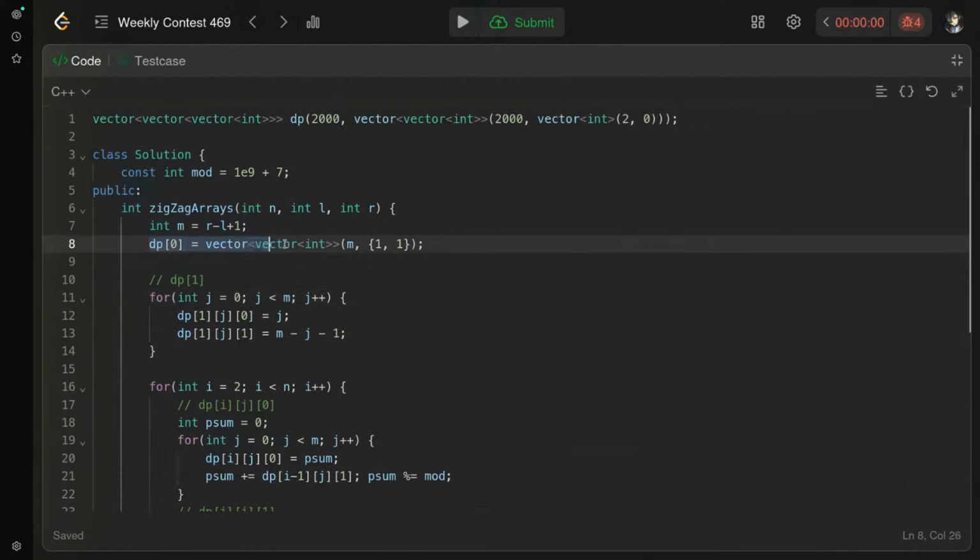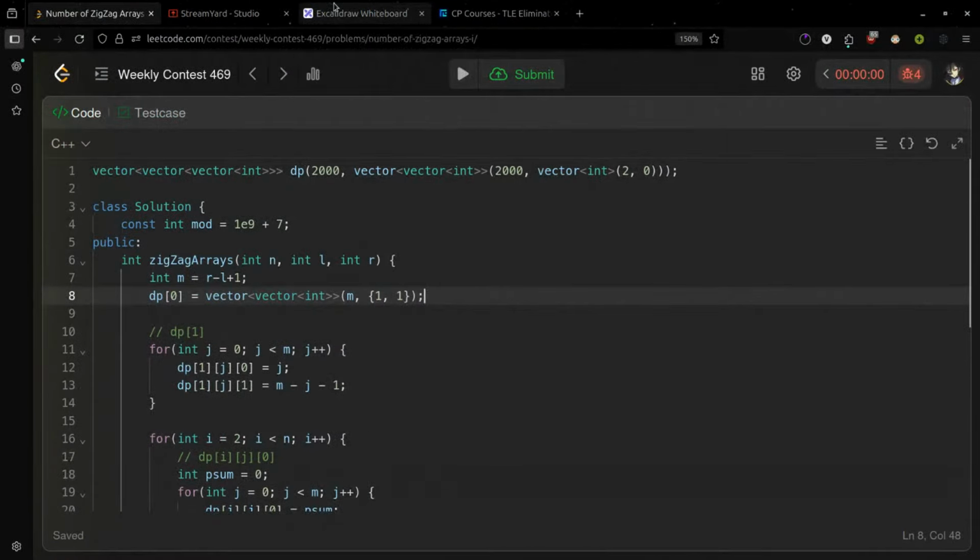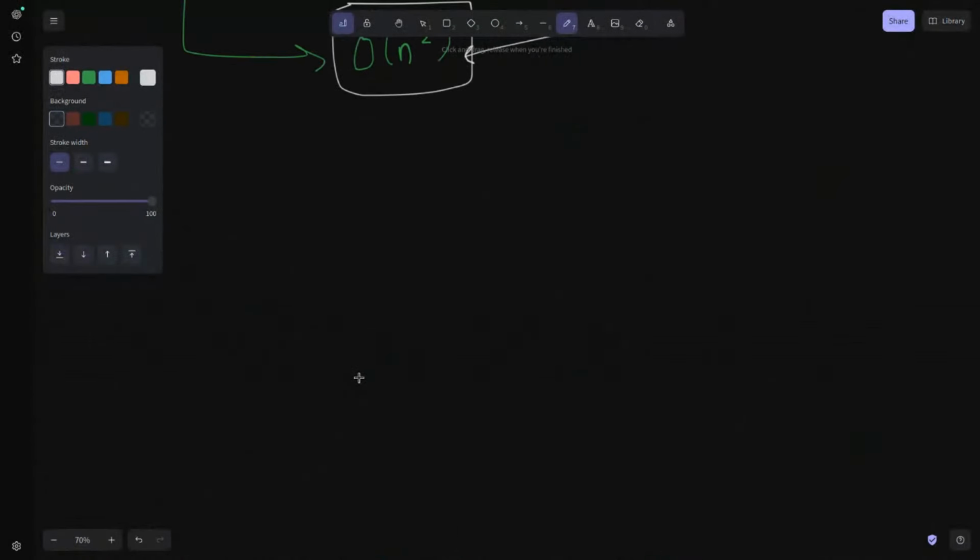Okay. And my dp of 0, yeah, so we need to discuss the base case as well, right? The base case will be simply dp of 0 for an array of length 1. I'm doing it 0 indexed, so dp of 0 means length 1 array.